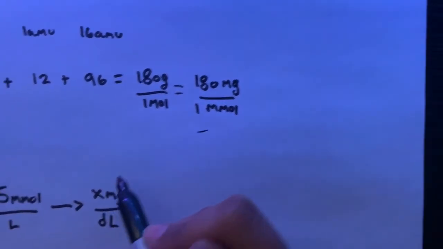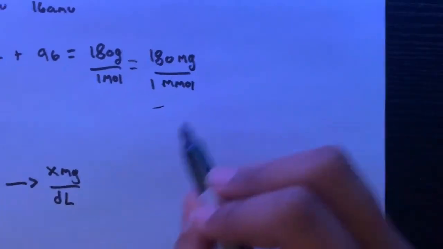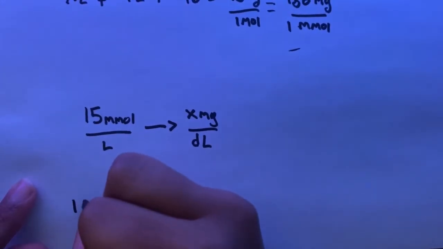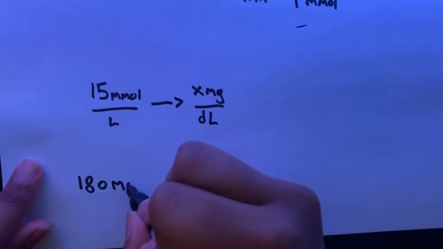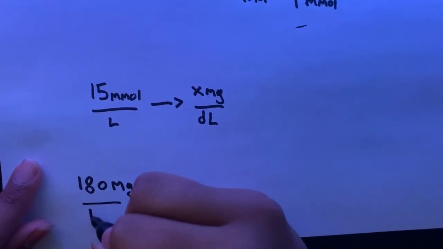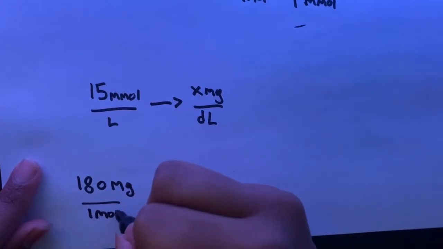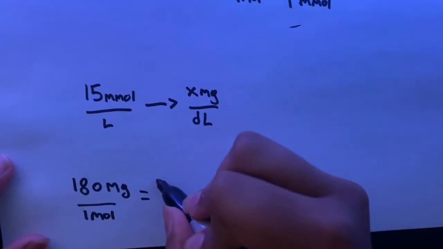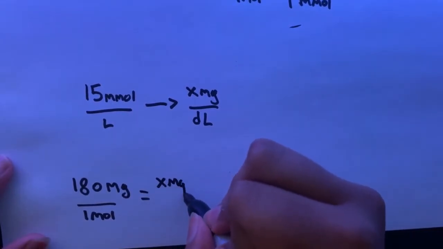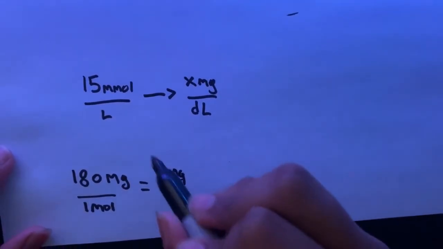Okay, so let's first write this down. We have 180 milligrams per 1 millimole, and that is equal to X milligrams in 15 millimoles.